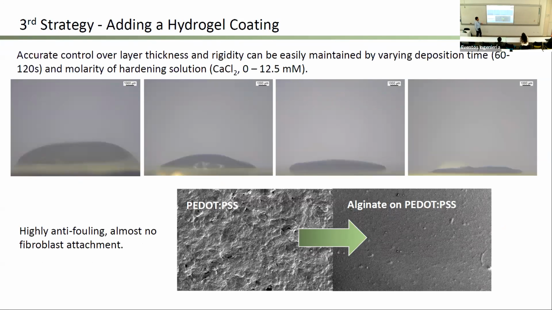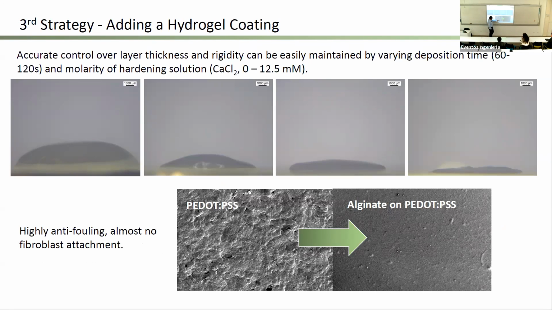After the deposition process, the alginate was further hardened in a solution of calcium chloride. Calcium chloride is a more potent hardening agent. However, using it from the start is problematic because you get very non-uniform coatings.